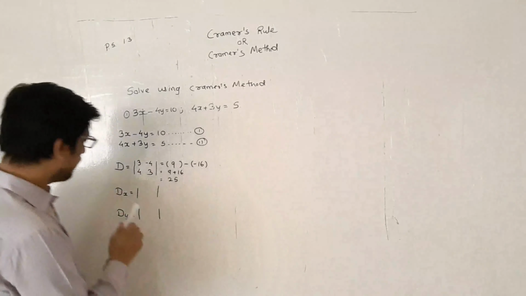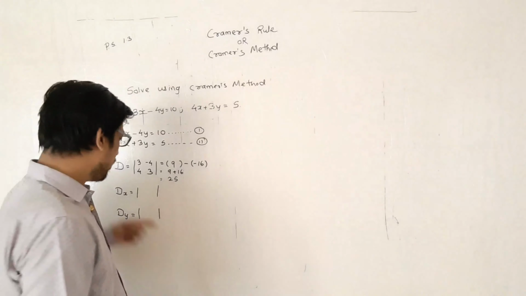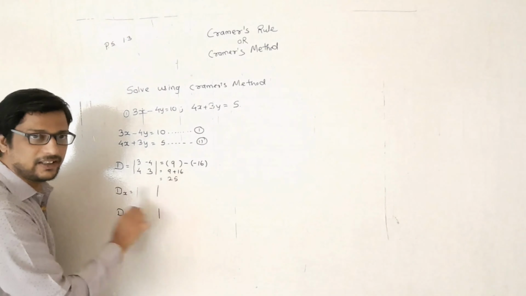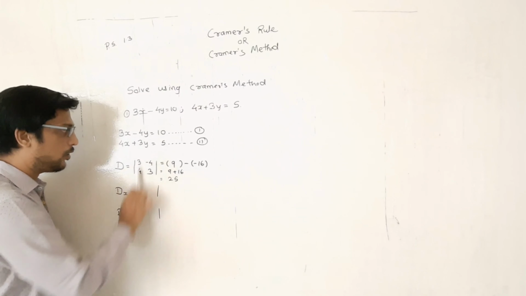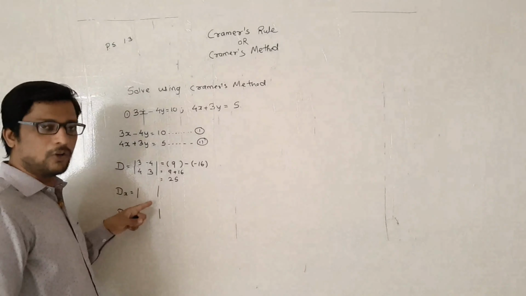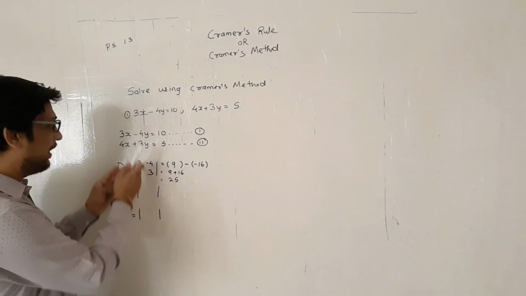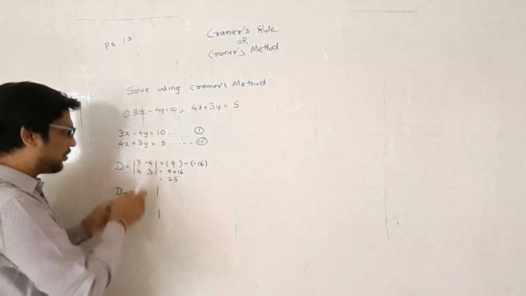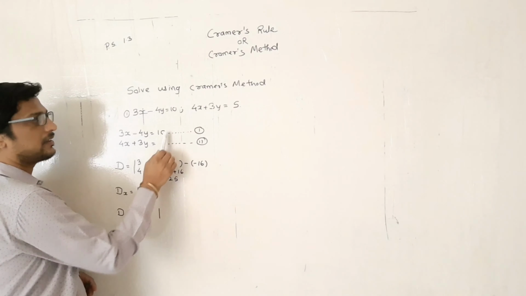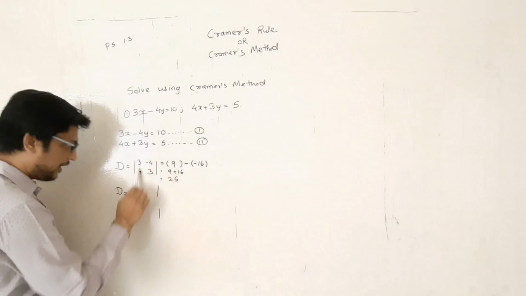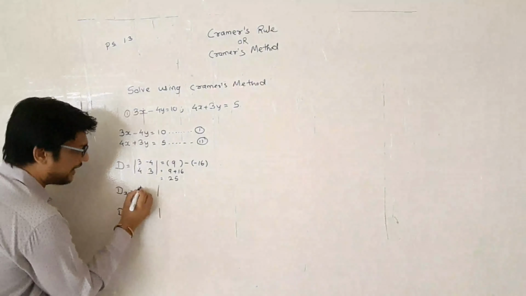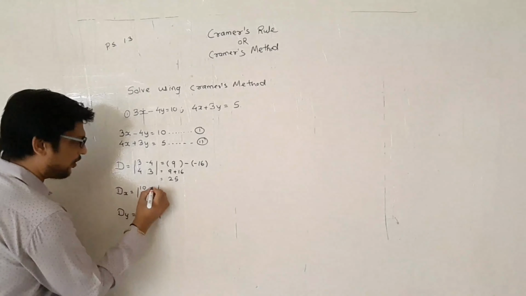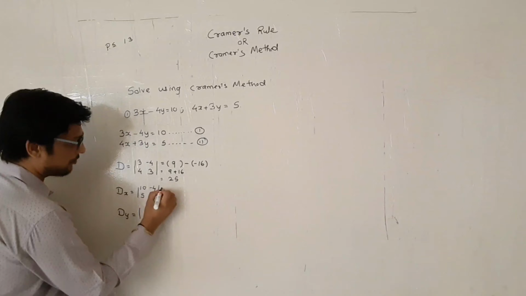The value of D is 25. Now, how to write Dx? To write Dx, we will take the help of this D. In this D, the first column is the coefficient of x, the second column is the coefficient of y. I will replace the first column because I am going to write Dx. So I will replace this first column with these two numbers. Instead of this first column, I am going to write 10, 5, and I will write the second column as it is, -4, 3.